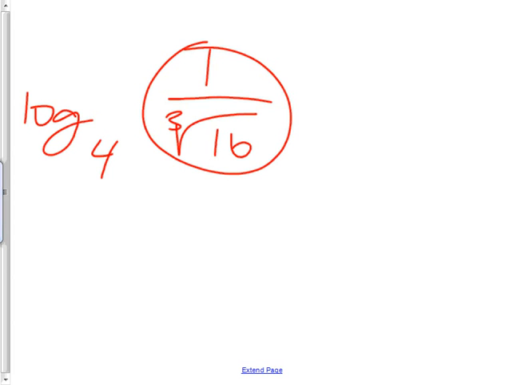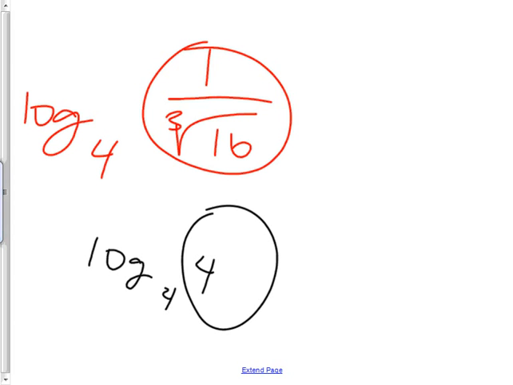Okay, so now I'm going to write it as 4 to the something, but I'm going to rewrite my problem. I'm going to say log base 4 of 4 to something. Everybody got it? Would you agree it has to be negative so it can be a fraction?